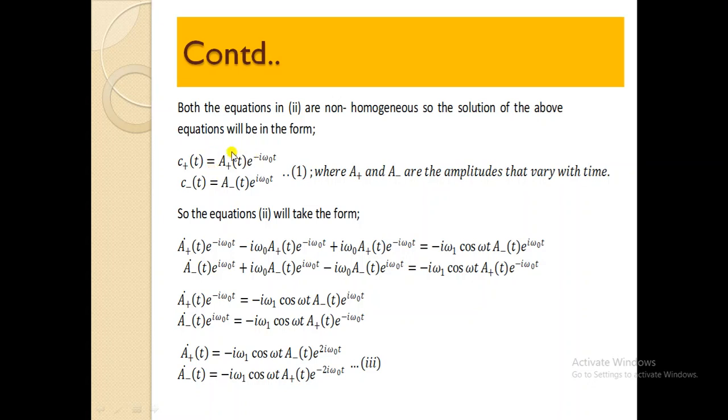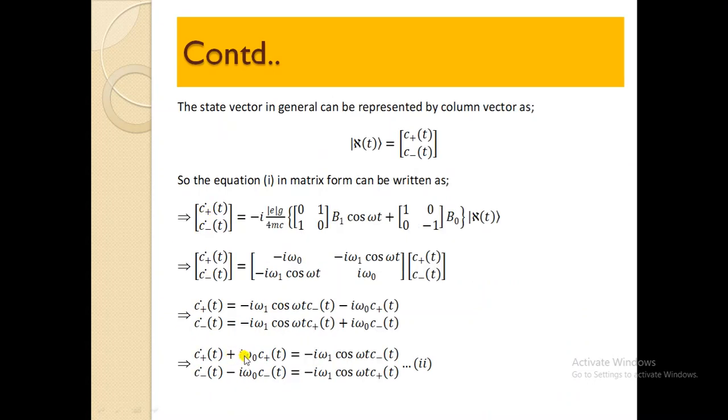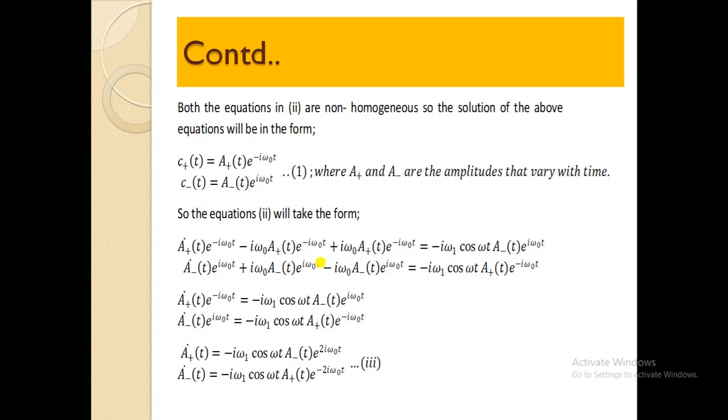For simplicity we have assumed a plus t, we can assume anything here, a plus t e to the power minus I omega naught t, because you can look here, and this is plus none, so on this side that would be minus. So we have assumed c plus t equal to a plus t e to the power minus I omega naught t. Likewise c minus t equal to a minus t e to the power plus I omega naught t.